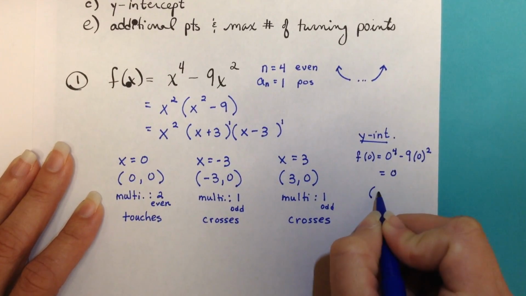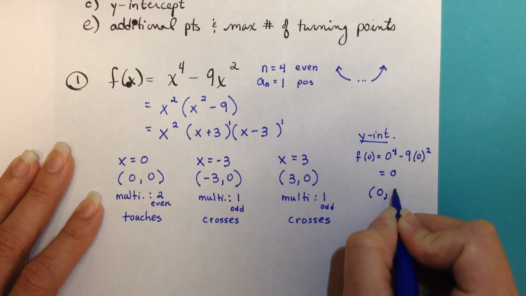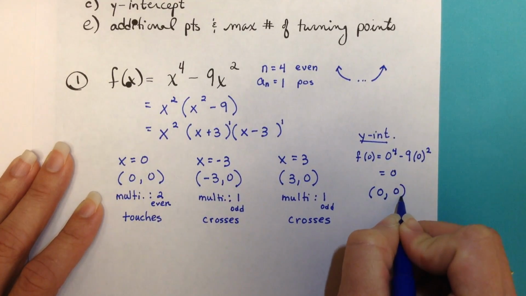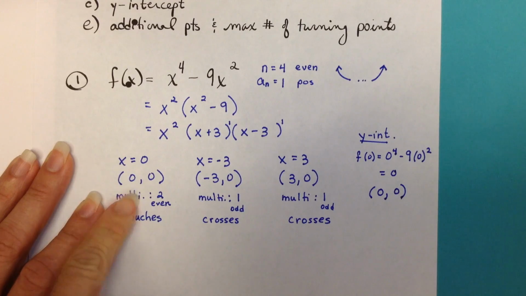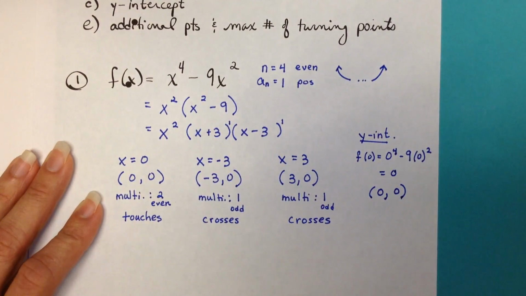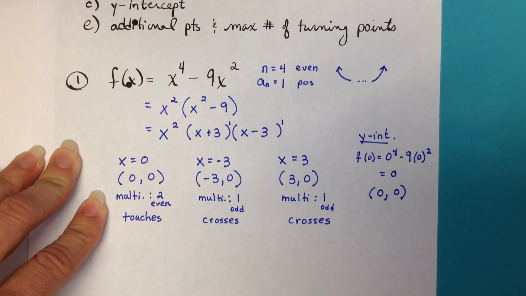So we substituted 0 in for x, and then we found y to equal 0. But if you have an x-intercept at (0, 0), your y-intercept is going to have to be at the same place. Now, what it means by additional points and maximum number of turning points, when we go to graph it, if we need to come up with some other points, we will.